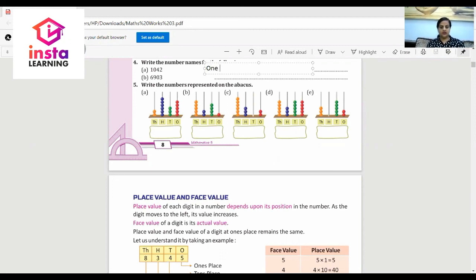Then it will be 1000. So 1000 spelling is THOUSAND. 1000 and 40, FORTY, 40, TWO, 42. This is the number name for 1042.